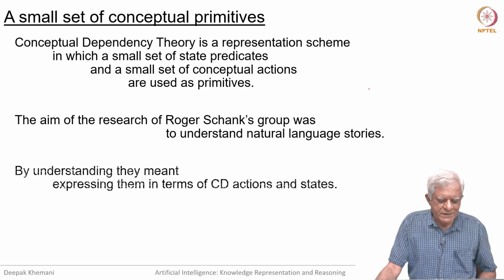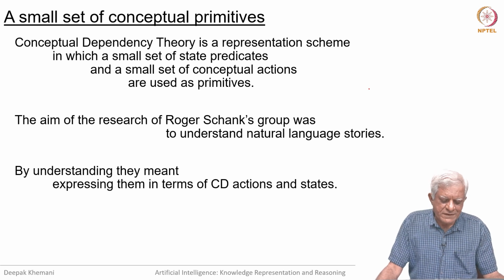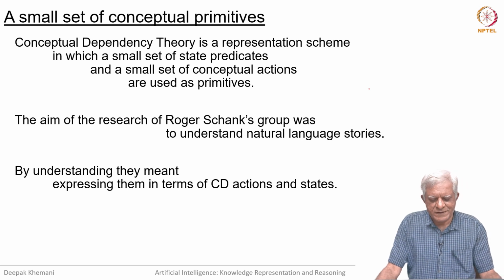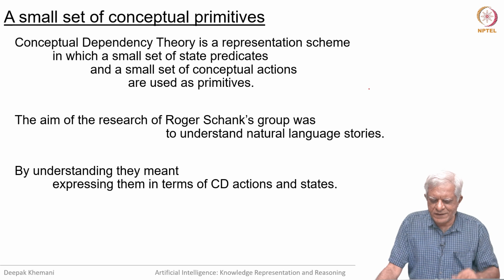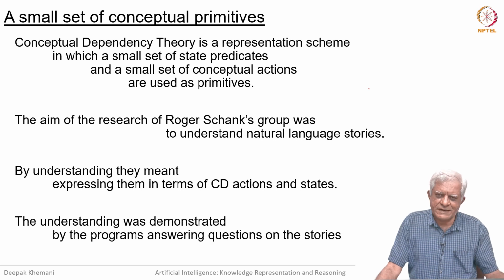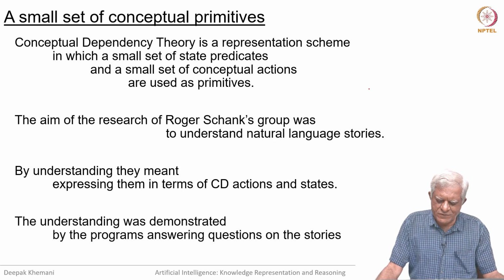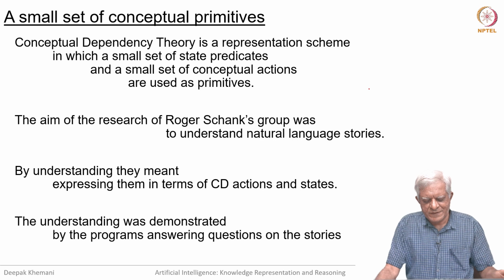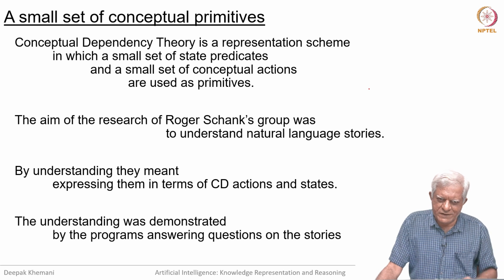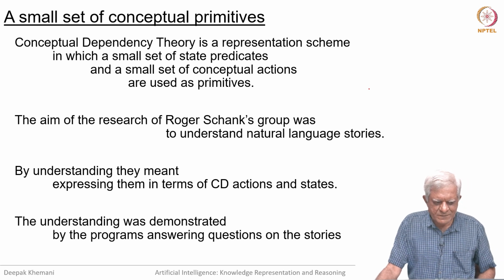We have said that by understanding, we mean expressing them in terms of CD actions and states essentially. So, it is like translating into this language or mapping into this language. The understanding was demonstrated by programs answering questions on stories essentially. So, if they could answer questions, then one presumes that they have created an understanding of the story essentially.